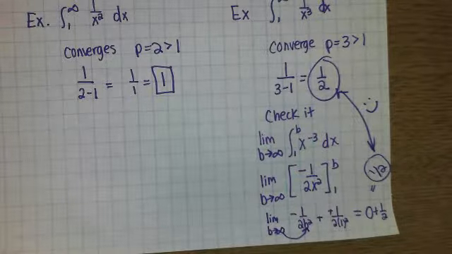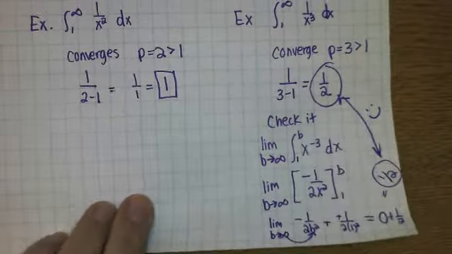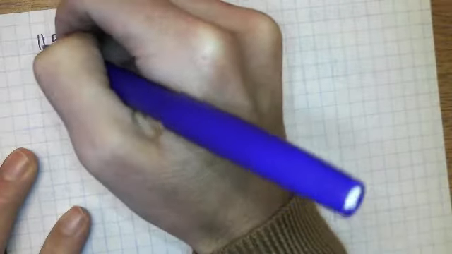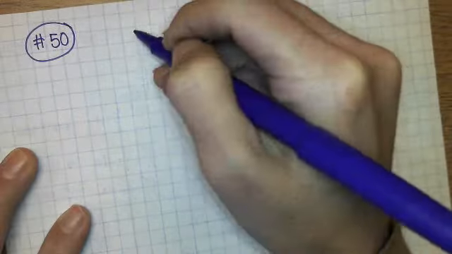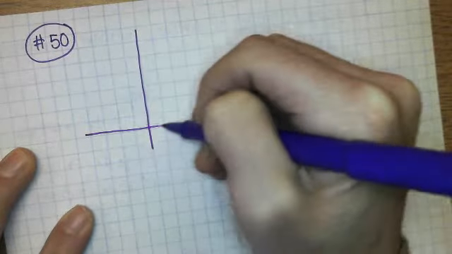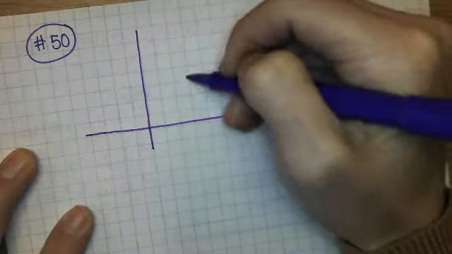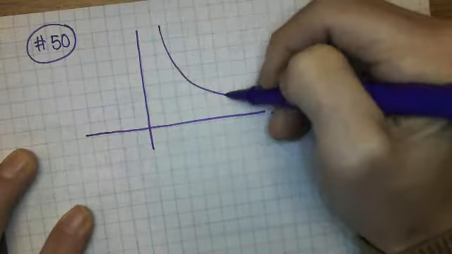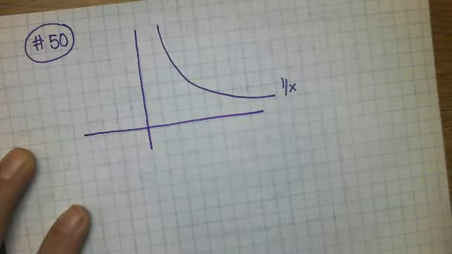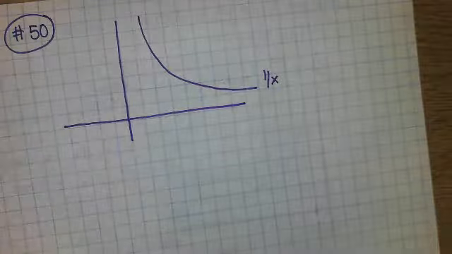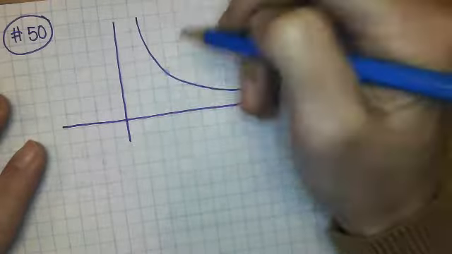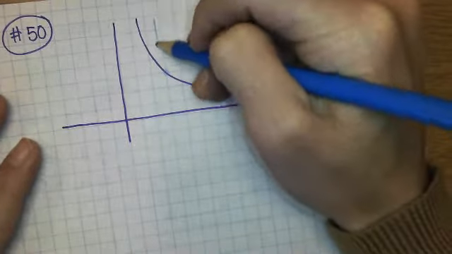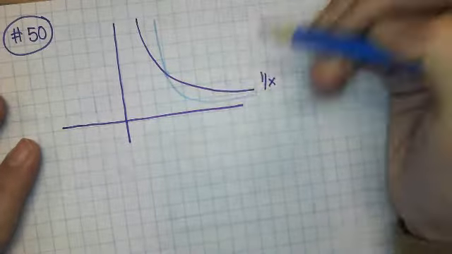In converse, we could also do number 50. Number 50 is kind of like the same problem, but in reverse. If we look at the function 1 over x, whereas 1 over x squared is getting closer and closer on this side.